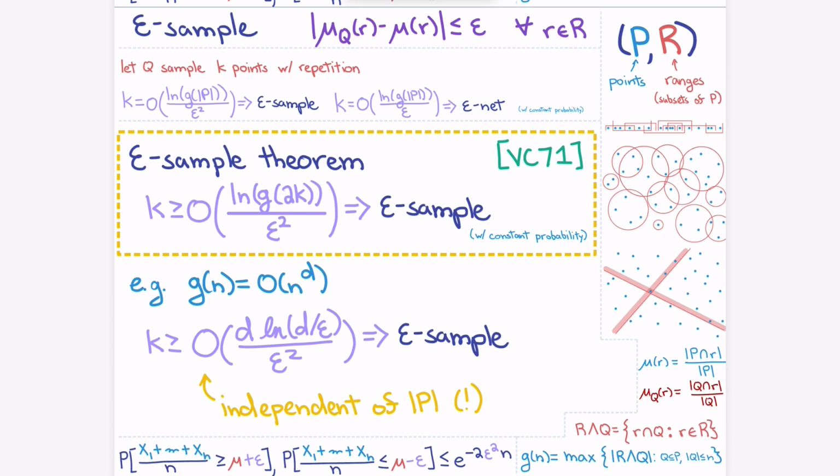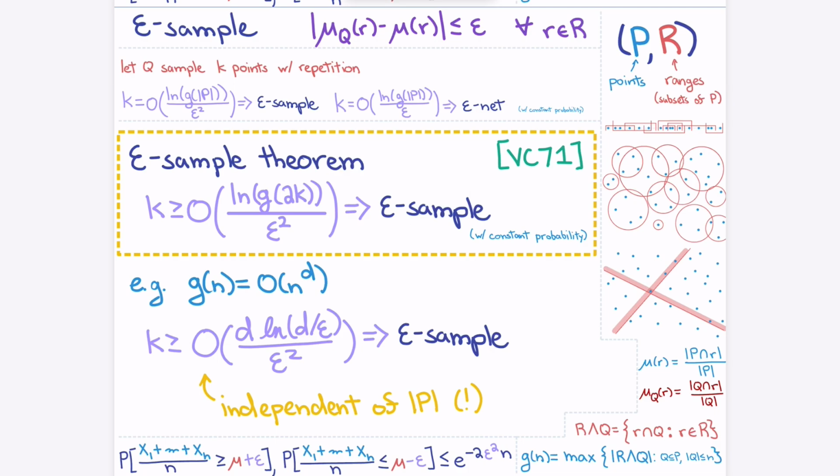And so it's saying that, for a disk, you only need 3 times log of 3 over epsilon, divided by epsilon squared points to approximate everything up to an epsilon factor. Okay, so disks in the plane, if 1 over epsilon is a constant, you only need a constant number of points, right?